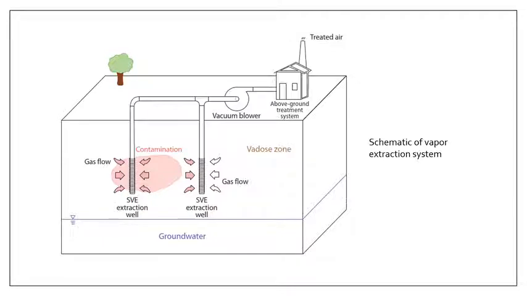As you can see in this block diagram, you essentially have wells which are connected to a vacuum pump, and this vacuum pump draws in all the vapors into your perforated pipes. And once they are drawn to the surface, they can be treated above ground. Typically they're just ignited or combusted, or sometimes you use the other vapor treatment methods mentioned earlier.